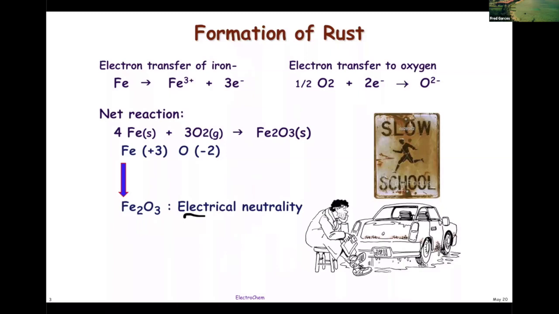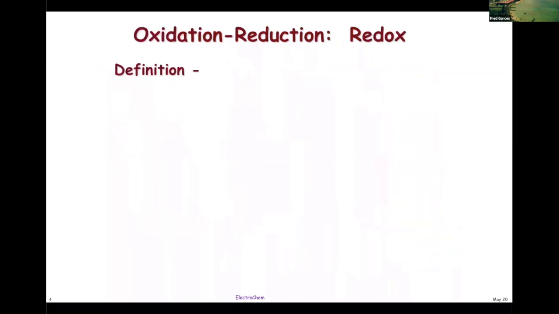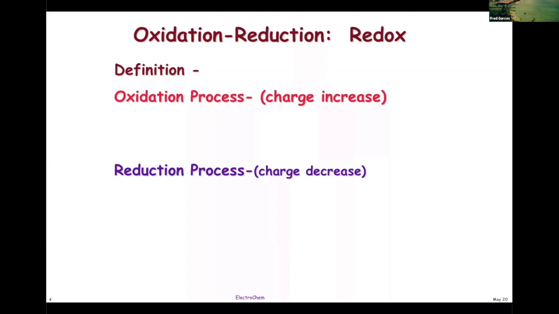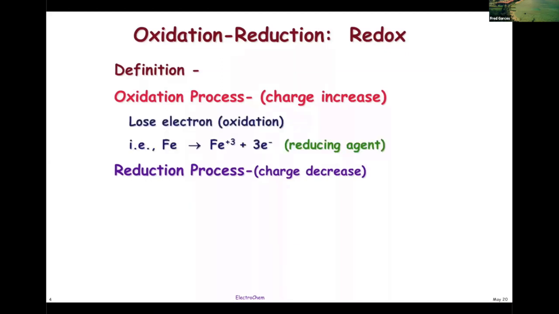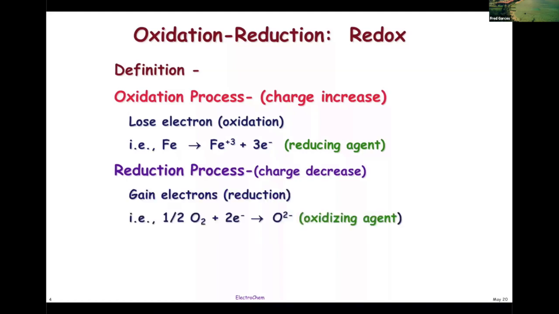But again, this is a classic example of an oxidation-reduction reaction. So in an oxidation process, the charge increases; in a reduction process, the charge decreases. You lose electrons, that's the oxidation process, that would be iron. You gain electrons, that's the reduction process.